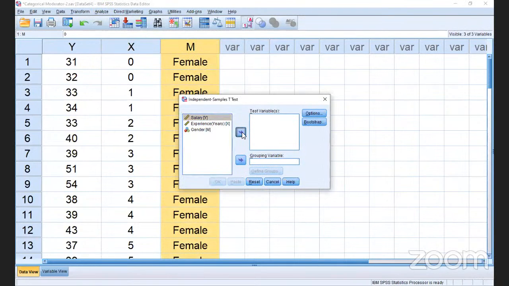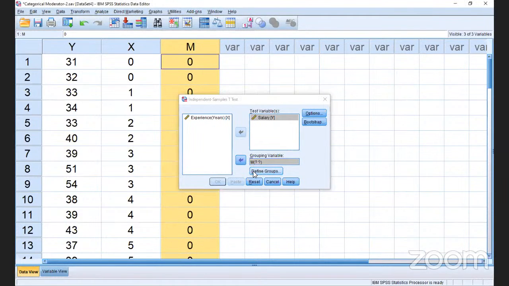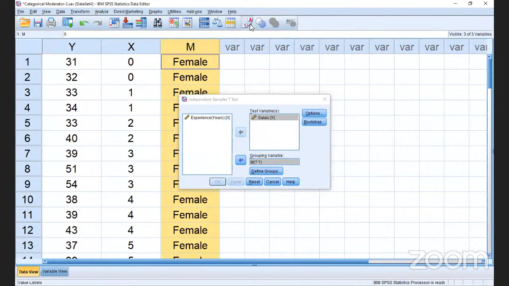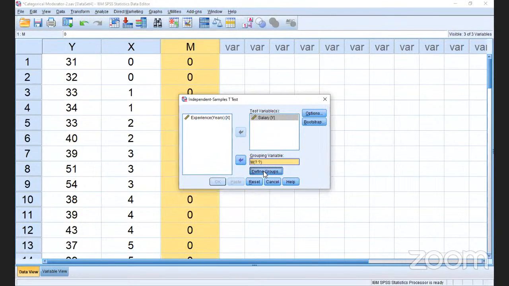Salary is the dependent variable and gender is the independent variable. So there are two defined groups. I coded 0 for female and 1 for male.